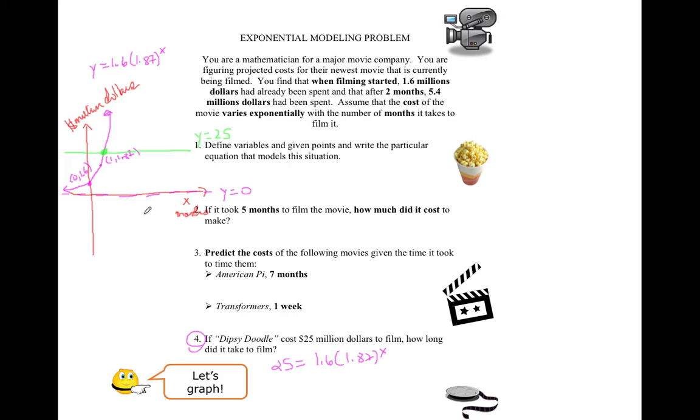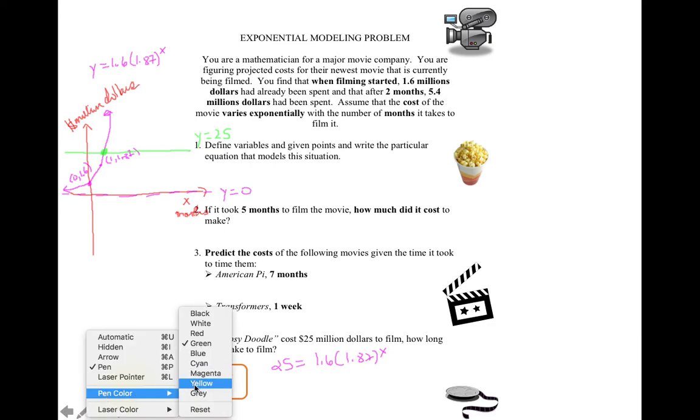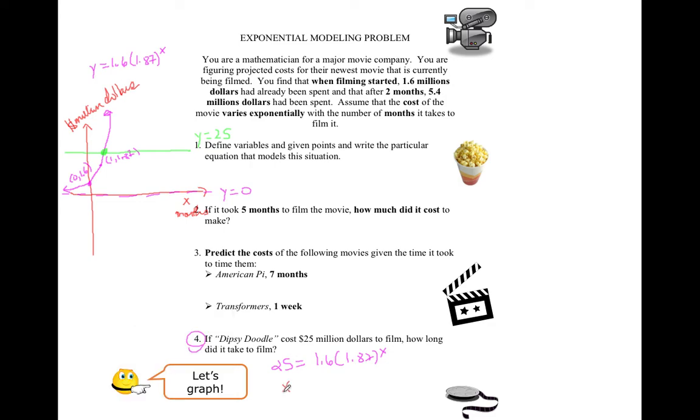I know that scale's not right, but go to y2, hit y equals 25, graph it, and then do your intersect function. And I got 4.5. 4.5 what? That's an X, right? So years? No, no, no, no. Months. All right?